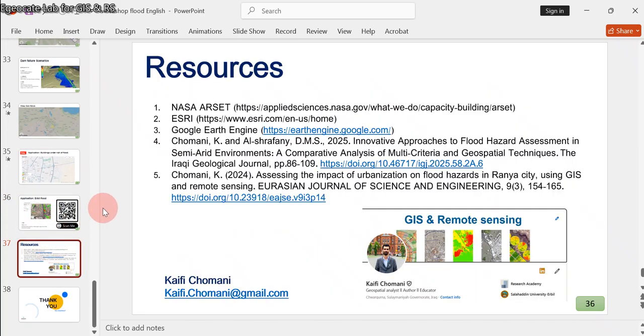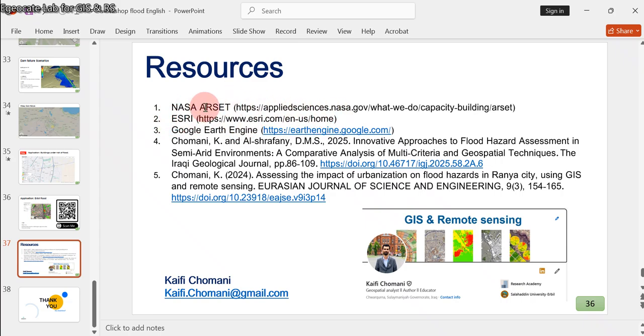And finally, as resources, I suggest you go to the NASA RSET website, which is a very powerful website which provides trainings and tutorials, theoretical and practical, to understand how, for example, we can monitor flooding, in English language, and also Esri.